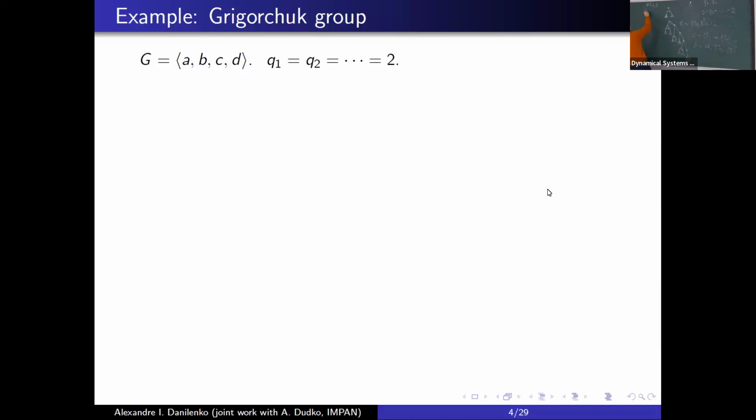Which means I start to construct, for instance, d. Again, consider my graph divided into two parts, left and right. And first of all, identity. Then I take the right-hand side and take a flip here.